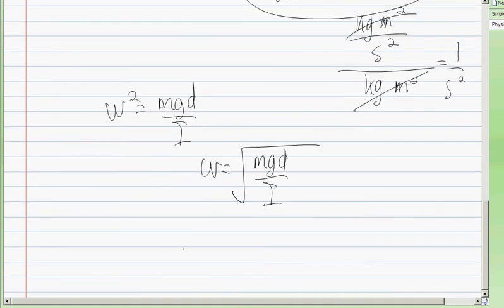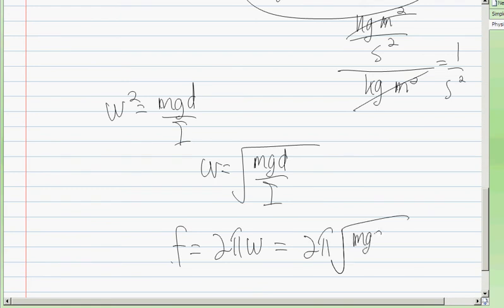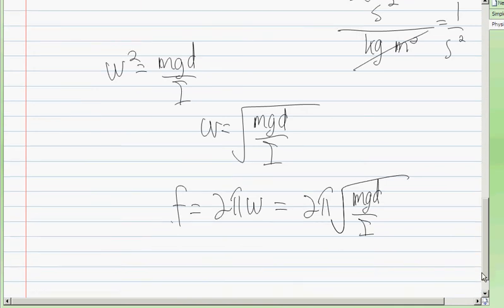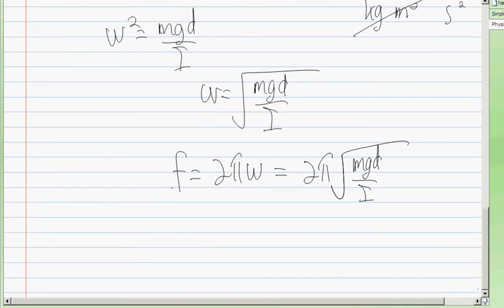Okay. And that means that the frequency is going to be omega over 2 pi, which is 1 over 2 pi times the square root of mgd over I. My fault, I first said it the wrong way.